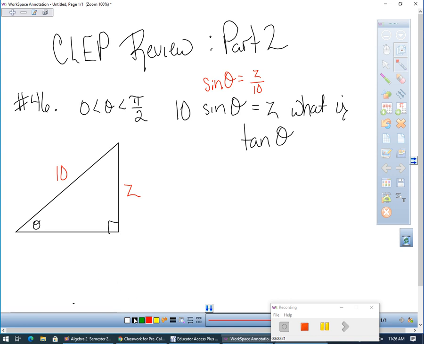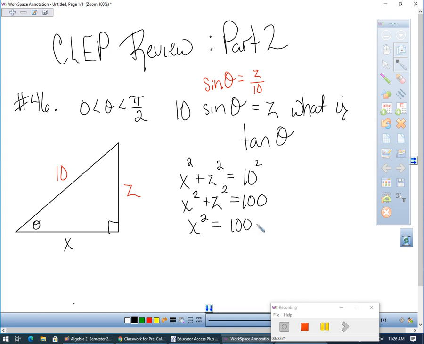So the way I approached it was I decided, okay, well, if this is x, we can say that we have x squared plus z squared equals 10 squared, or x squared plus z squared equals 100. Subtracting z squared to the other side, I get x squared equals 100 minus z squared. And then to get x by itself, I'm going to square root both sides.